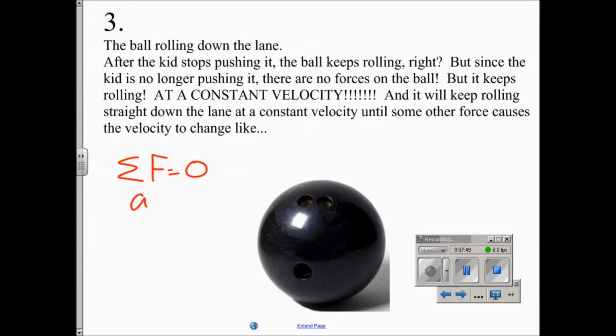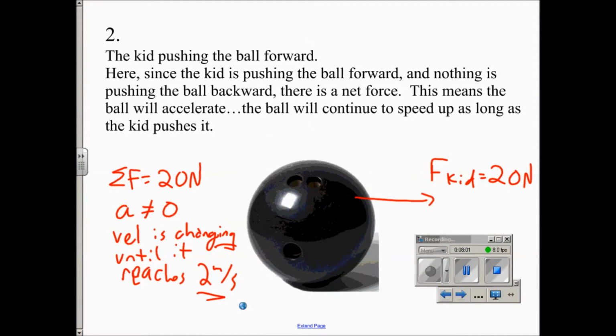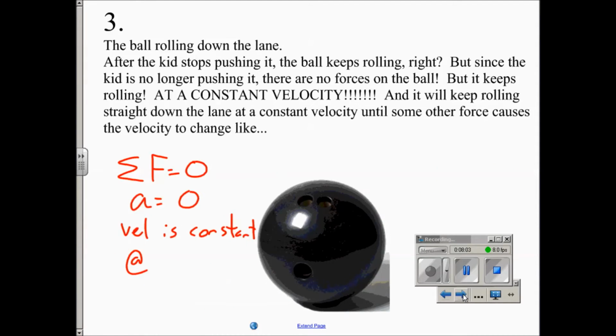So the ball's not going to accelerate, which means that the velocity is constant at however fast the ball was moving when it left his foot, which we said was 2 meters per second. So the ball is going to just keep rolling this way at 2 meters a second because there's no force to cause it to speed up or slow down.